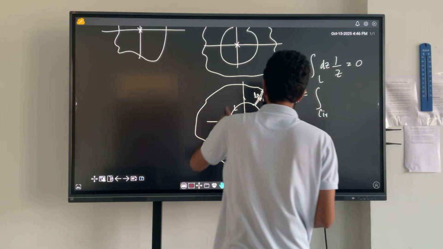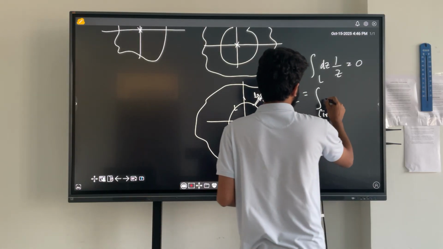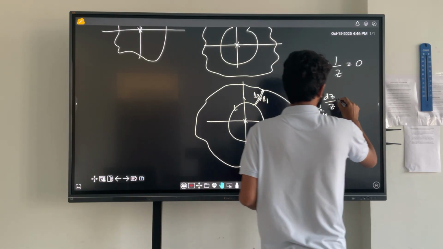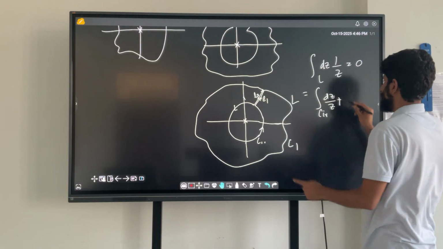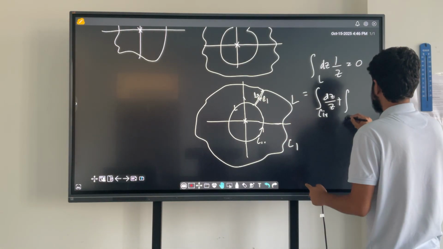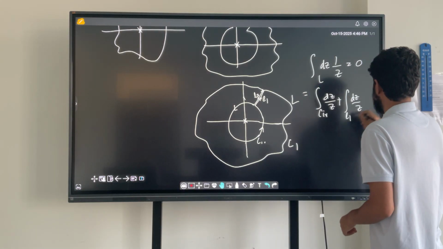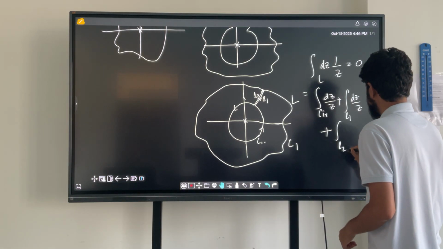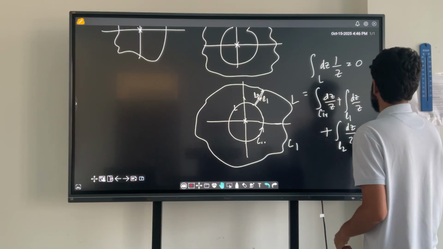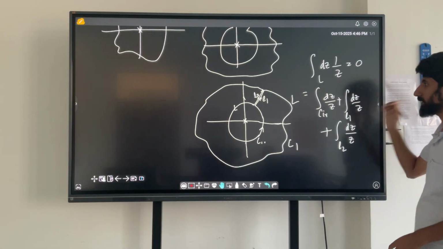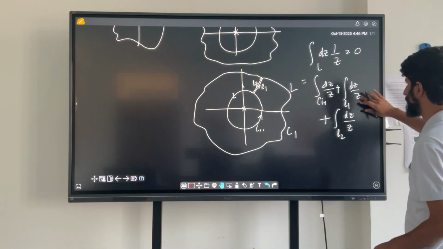First I take the integral over the circle, then the integral over the line L1 of dz by z, then L2, then C1, and so on.